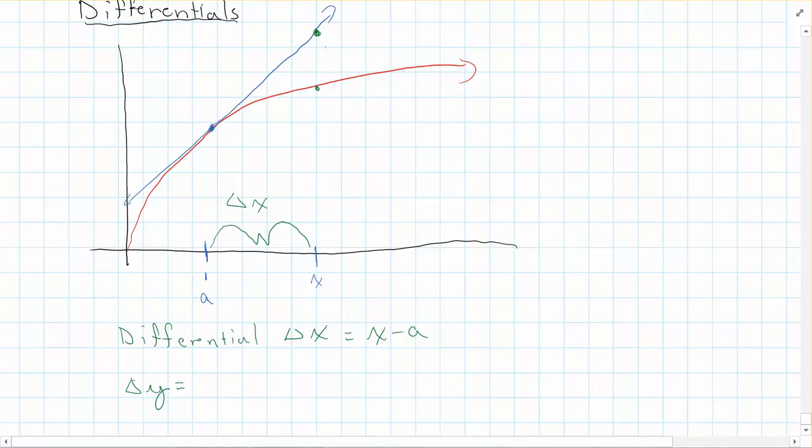We already have this. This is what we called the error. What I'm going to do now is draw a dotted line here. And remember, this point, this line is f at a. My differential is this distance right here.